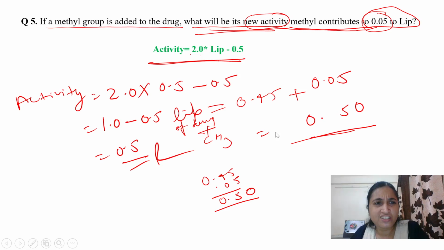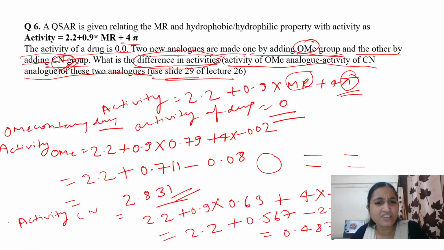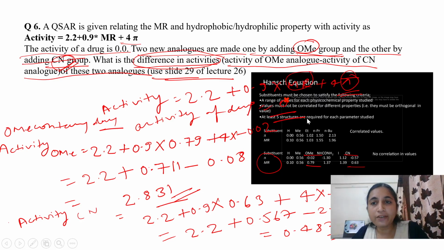Sixth question. In this question, the equation is given here: activity equals 2.2 plus 0.9 times MR plus 4 pi, where MR is molar refractivity. The MR and pi values we have to take from slide 29 of lecture 26.